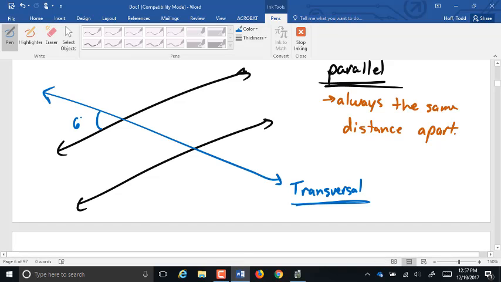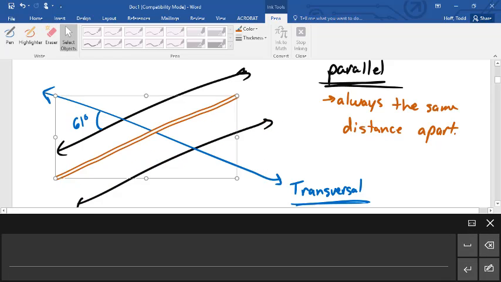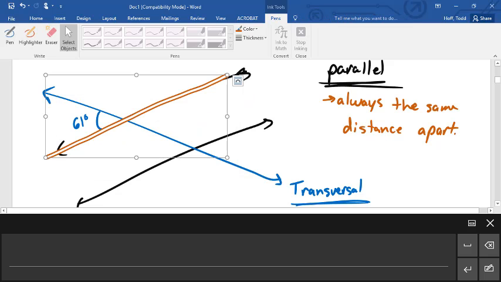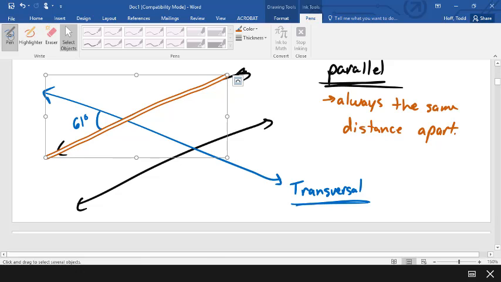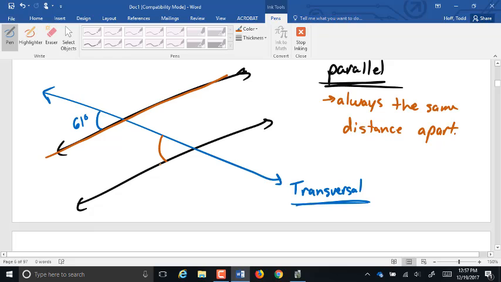If I tell you that this angle here is 61 degrees, if I look at this other line here, if I slide that up to be on top of the other one, I'll notice that 61 degree angle has to match up with this angle down here as well, doesn't it? That's also 61 degrees. Well, if those angles are 61 degrees, what can I say about these two? Those are also 61 degrees because they're vertical to those, right?